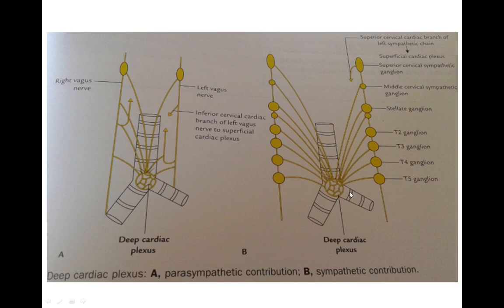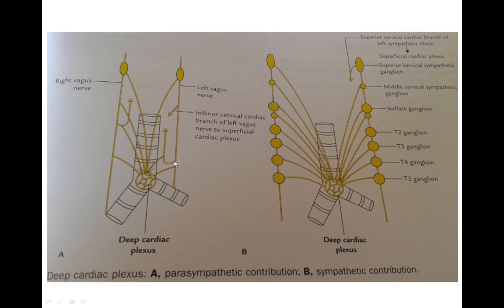From the deep cardiac plexus, branches will go. These two components unite; you can club them together, I have shown them separately. This is your parasympathetic component, and this is your sympathetic component. The parasympathetic component is derived from the vagus and the recurrent laryngeal.